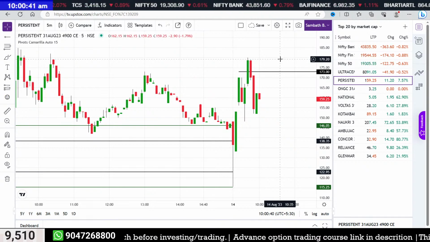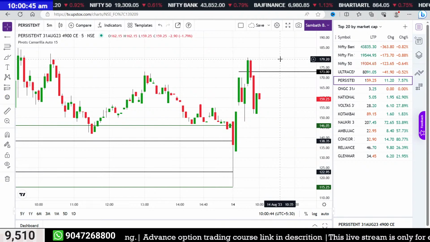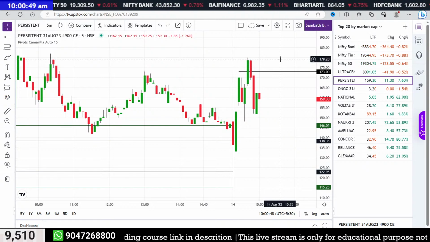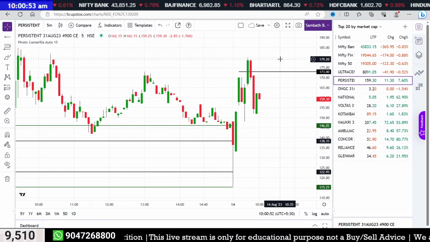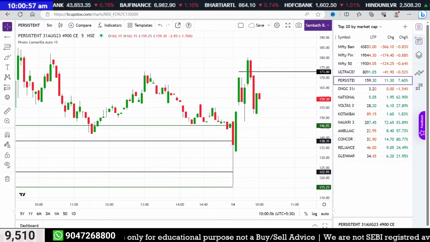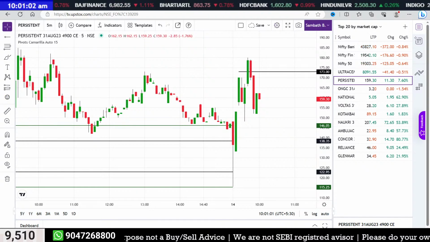If you are an intraday player looking for a fresh breakout for 2 to 5,000 rupees, or 3 to 5,000 rupees, where you can exit the trade very quickly, you need to select quite liquid stocks. So liquidity is very important.